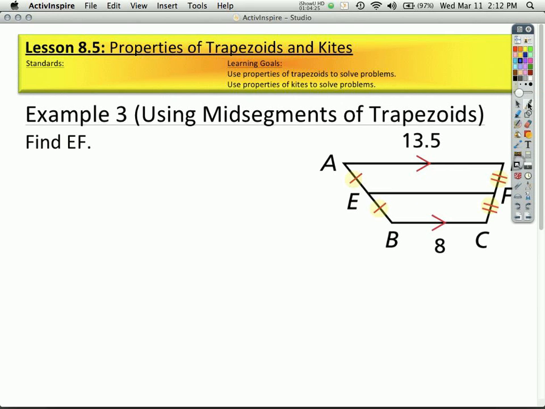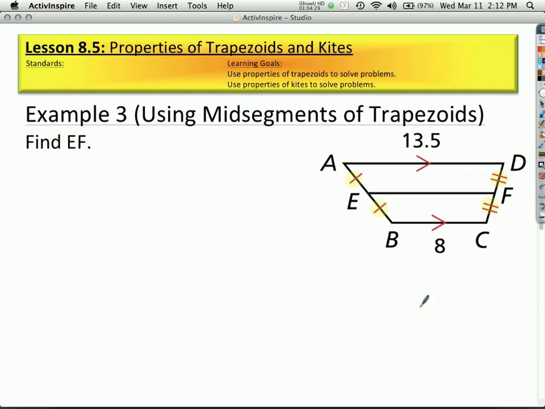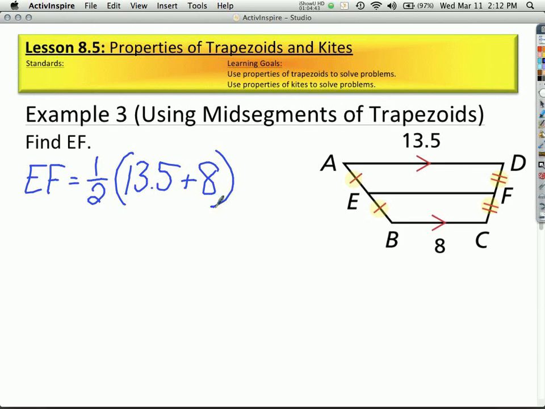Once you can say that it's a midsegment, now you can use the midsegment theorem, which says that EF is going to be half the sum of the bases. Half of 13.5 and 8. It's basic math.